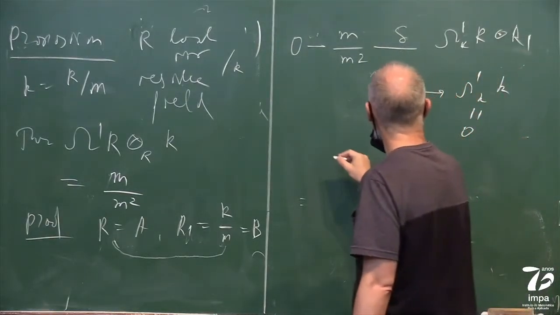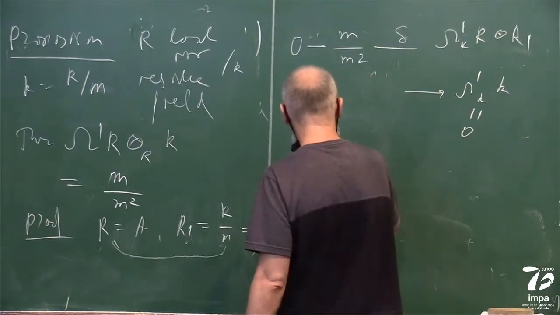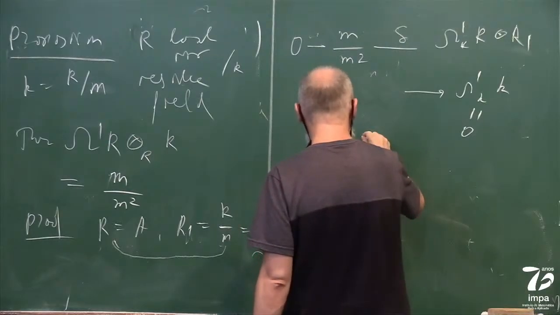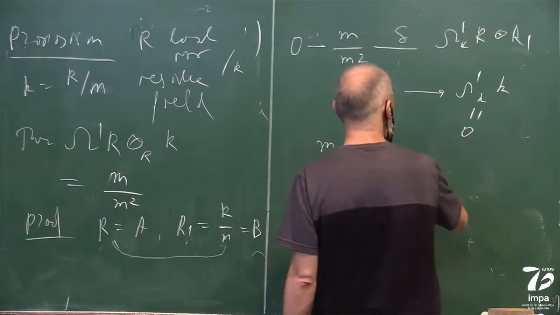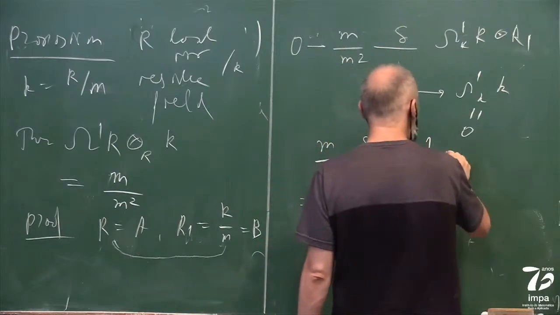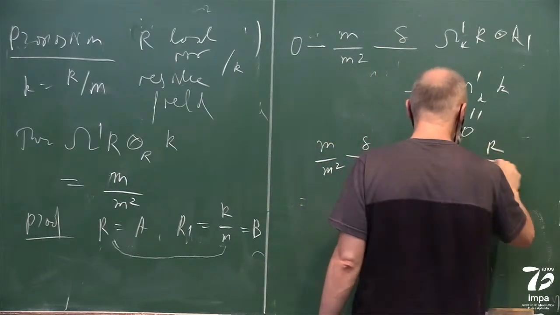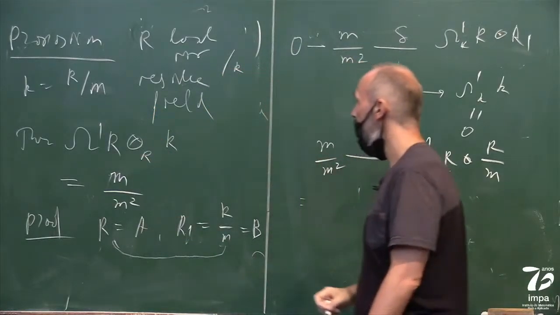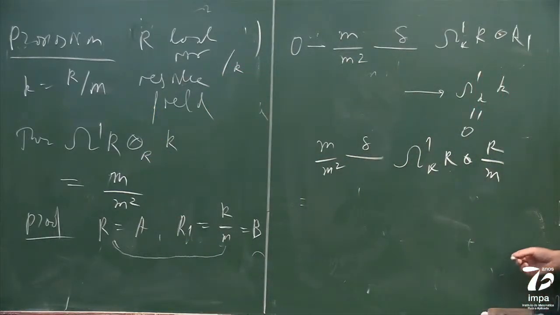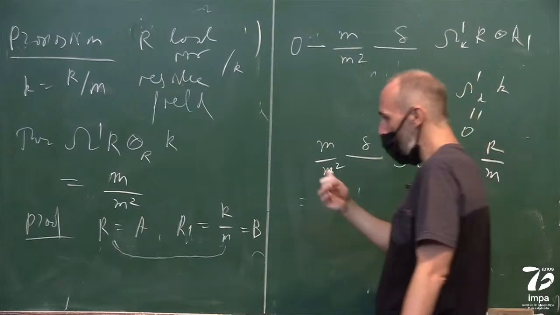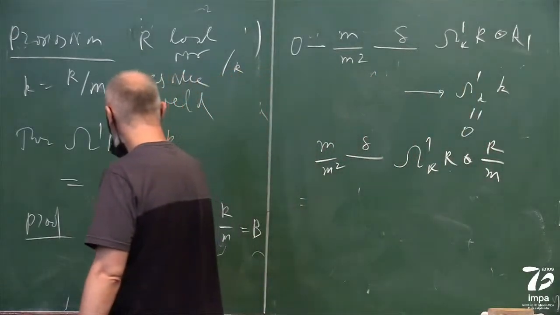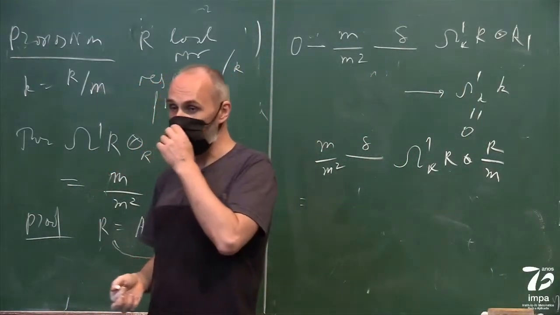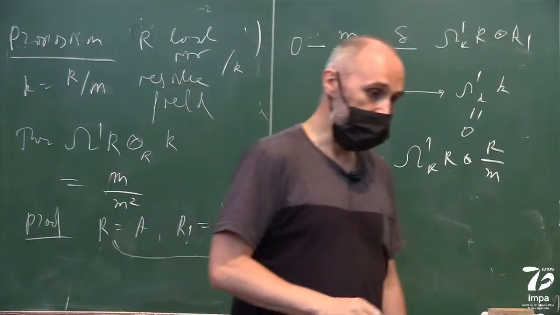And this implies that M quotient by M squared, by delta, is isomorphic to omega 1 of R over K tensored with R quotient by M, which is precisely what we have now. Clear? It's entirely formal. You just apply this exact sequence to obtain this nice description of the Kähler differentials.